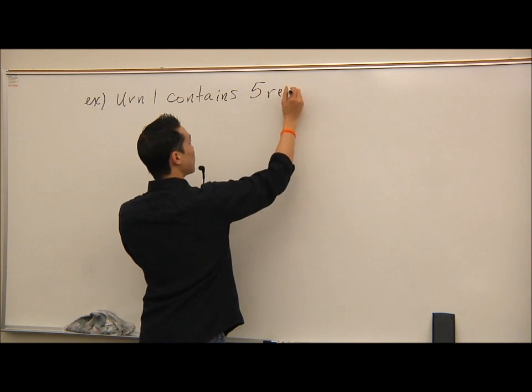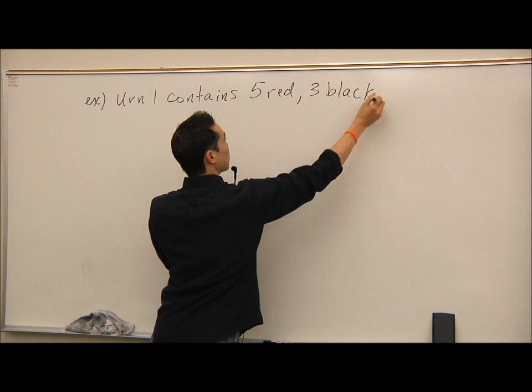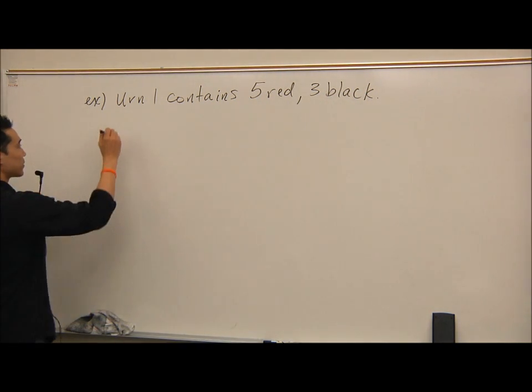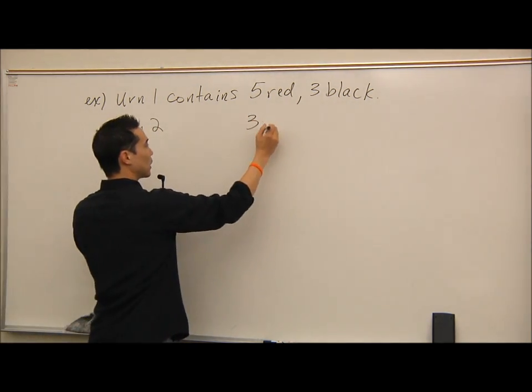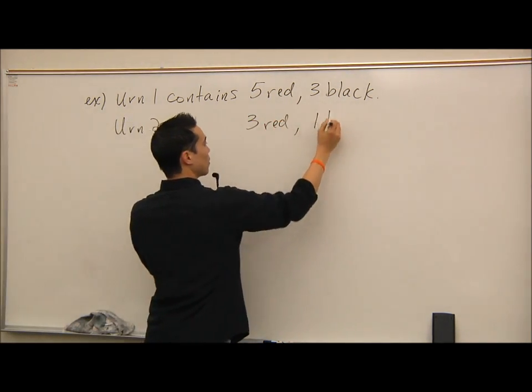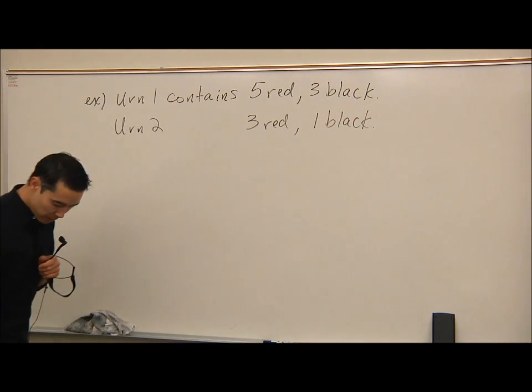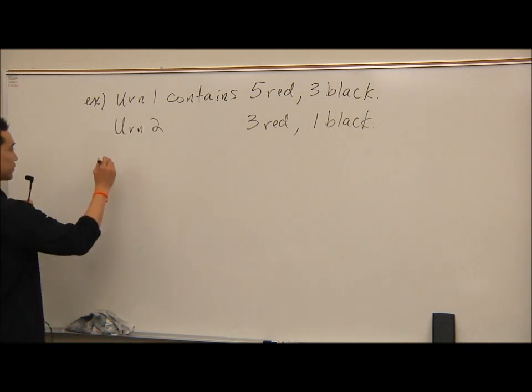So 5 red and 3 black. And then urn 2 has 3 red and 1 black. And then one more, urn 3, has 4 red and 2 black.